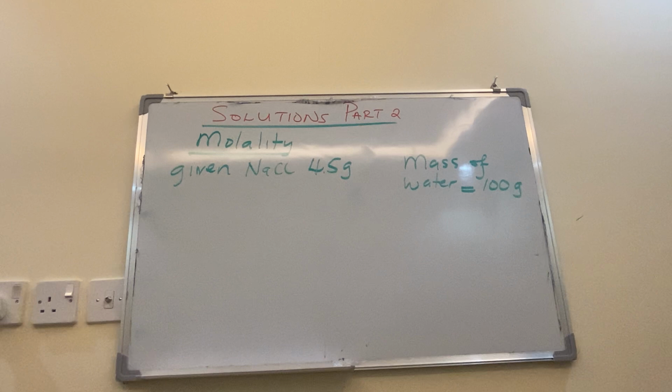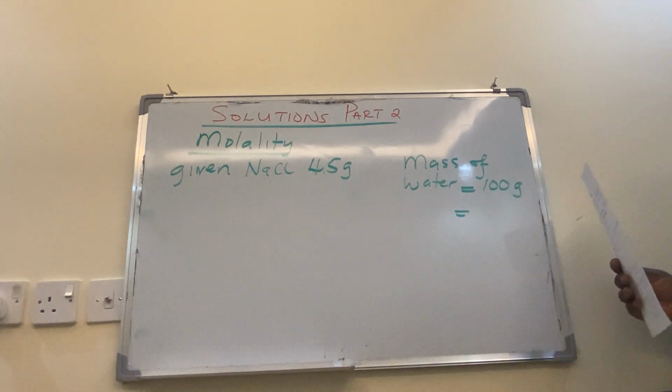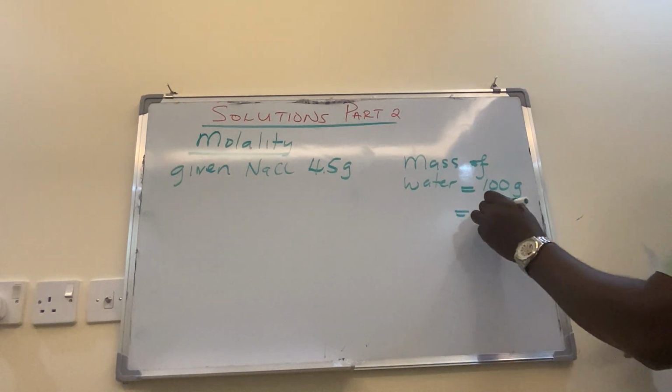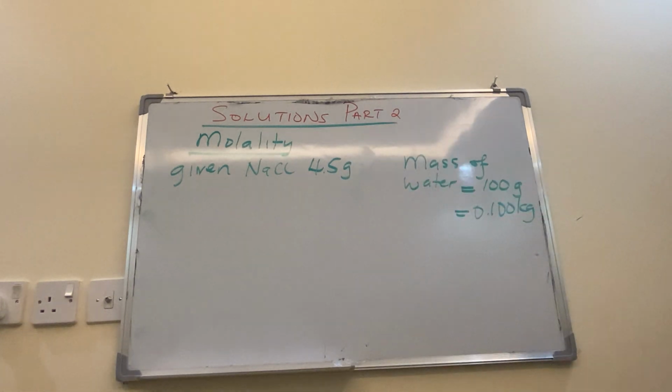If you still remember the formula for molality, we are supposed to have kilograms. So straight away we can convert our grams there to kilograms, and it becomes 0.100 kilograms, because in molality the denominator should be kg.